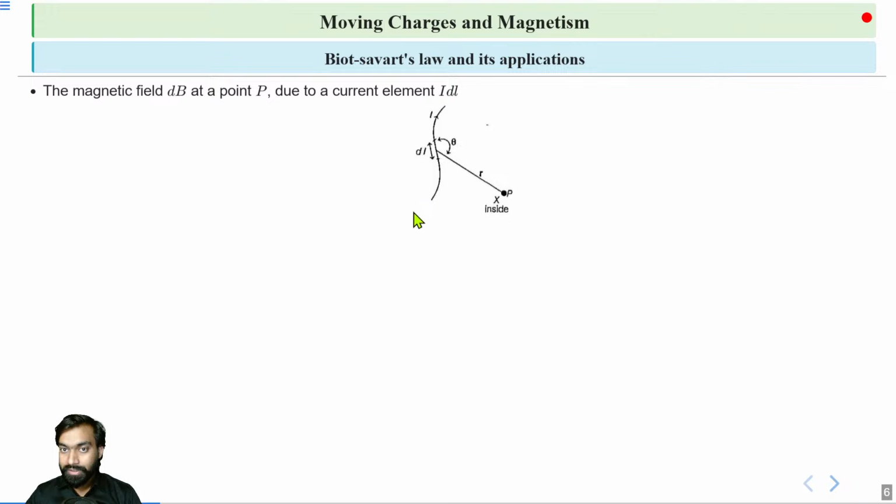In the figure, the current element Idl is shown with current I flowing through it, and the vector dl represents the direction and length of this current element. The point P lies at a distance r from the current element, where theta is the angle between dl and r.